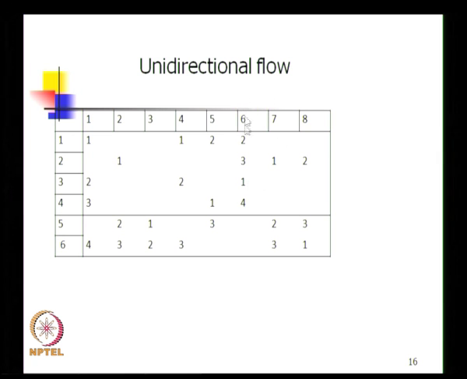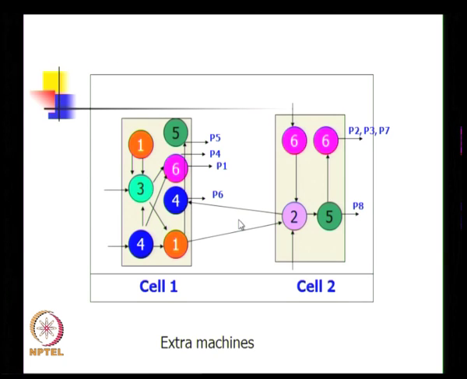3, 1, 2 and 4. Now, you see that 3, 1 it goes to 2, it comes back to 4 and then it leaves. So, we could also say for example that 3, 1, 2 and then it could come back to this 4 and it could leave.